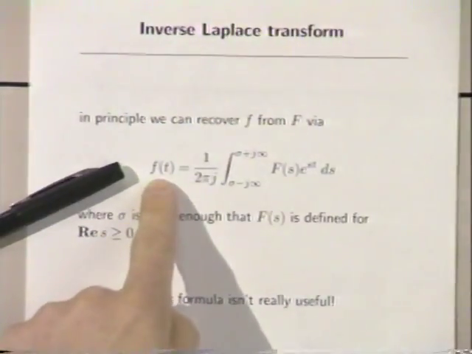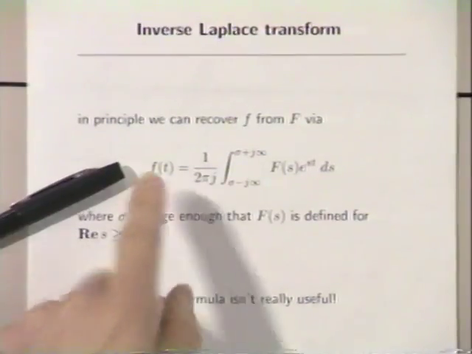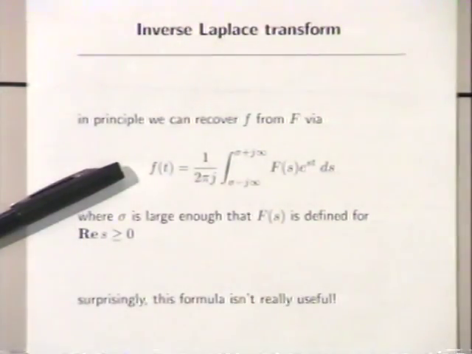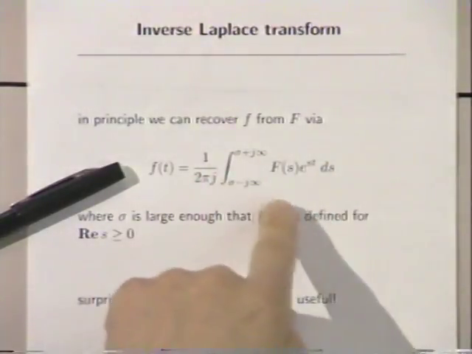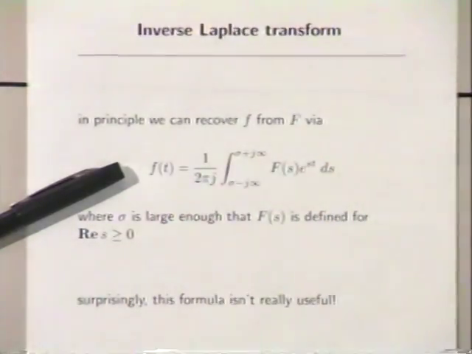For example, if I asked you, is f oscillating? Is it wiggling? Is it growing with time or decaying? Everyone here just looks at that formula and says, I don't know what he's talking about. Unless you're awfully good at carrying out integrations in the complex plane in your head, this formula gives you no insight, although it does undo the Laplace transform.